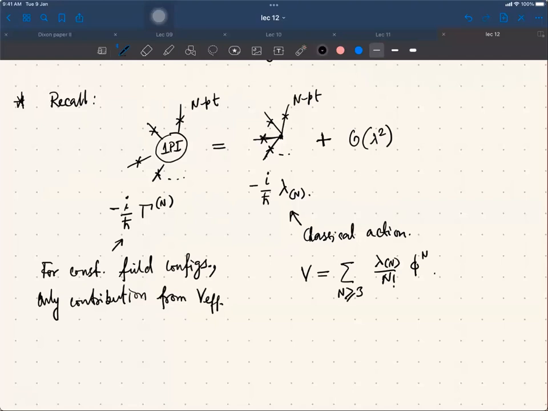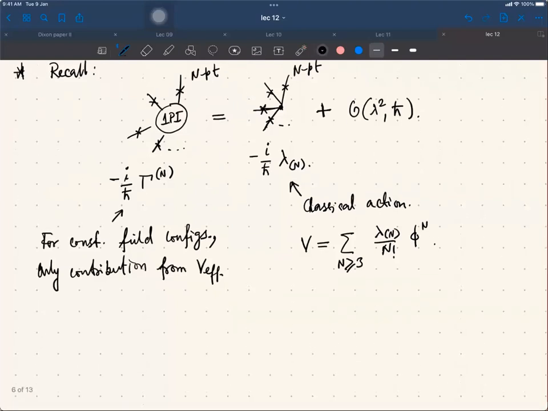So therefore, at tree level, at the leading order, if you take away all the loops, so higher order in lambda squared and also in h-bar, if you take away all the loops, then only the tree diagram will be left on the right hand side.